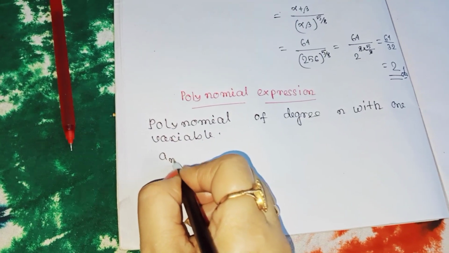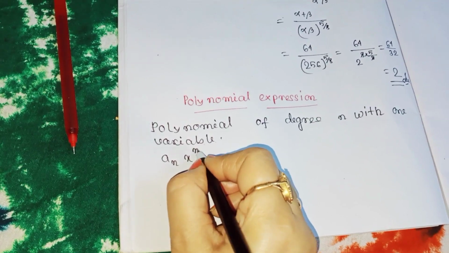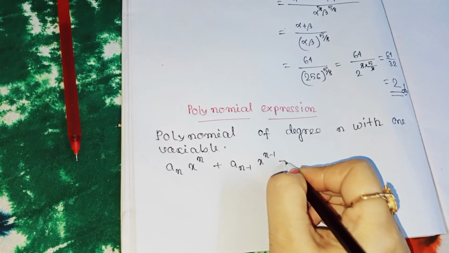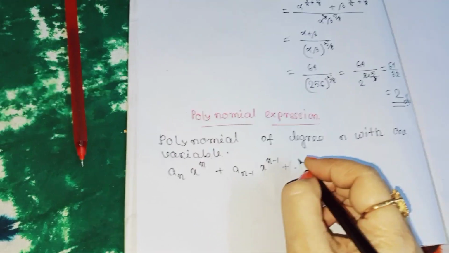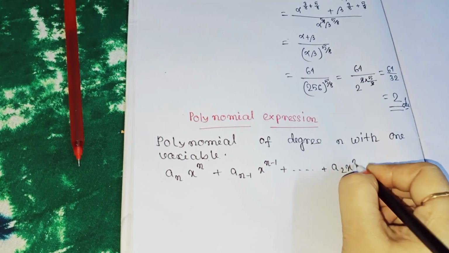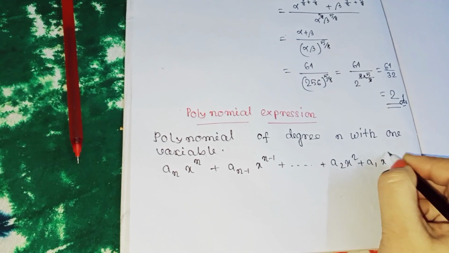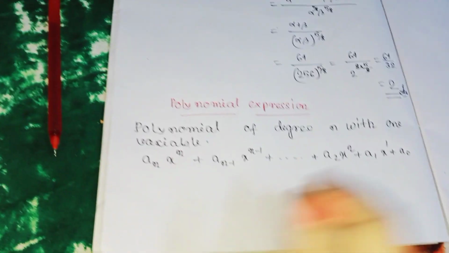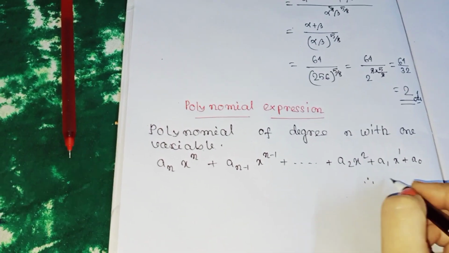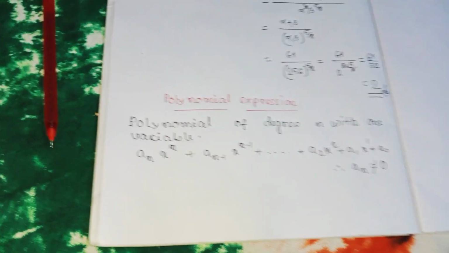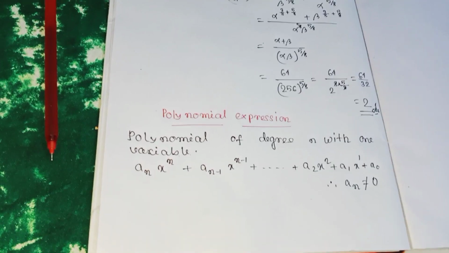So if the expression is a_n x to the power n plus a_(n minus 1) x to the power n minus 1 plus dot dot dot plus a2 x square plus a1 x to the power 1 plus a0, where a_n is not equal to 0.